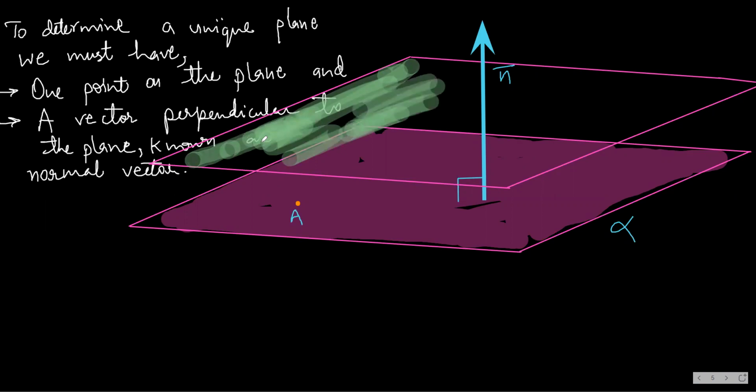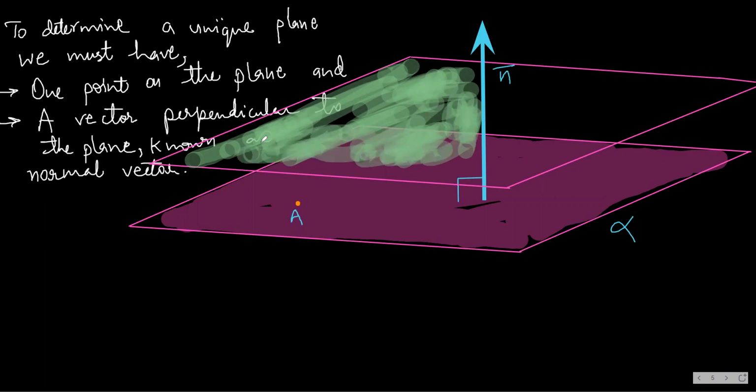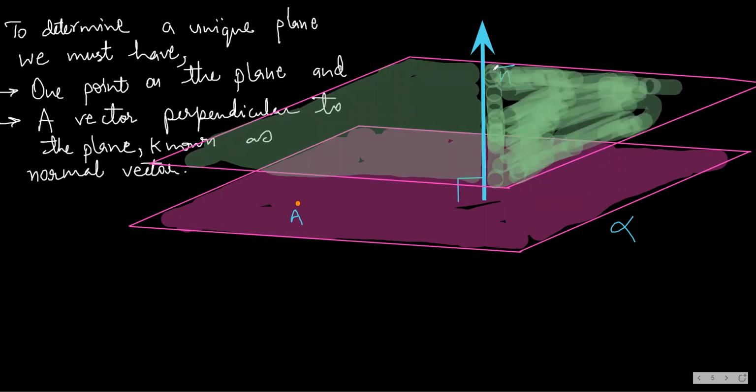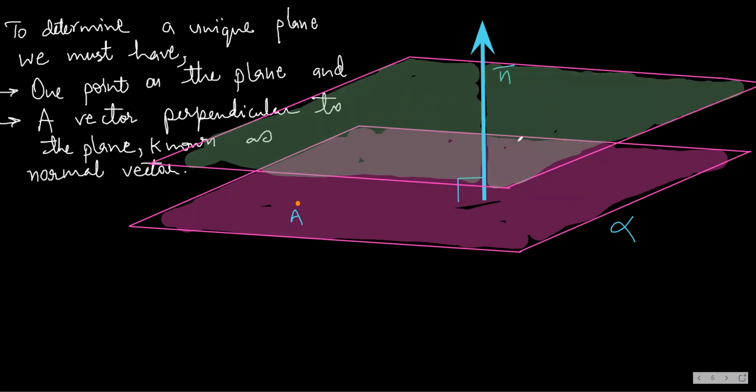See, this plane. What was I given? I am given that n bar is perpendicular to the plane.